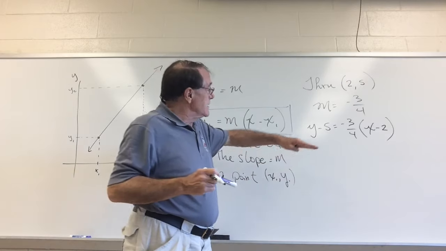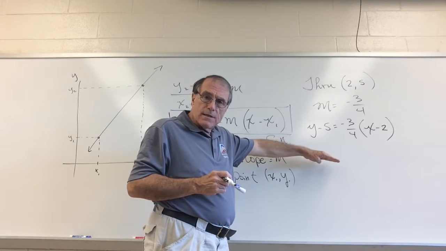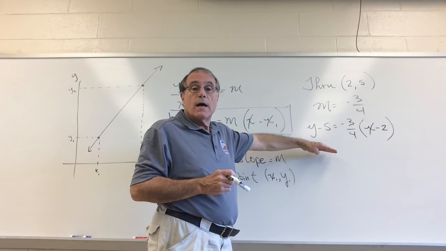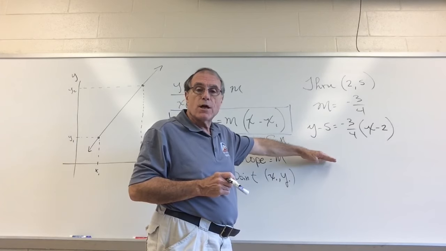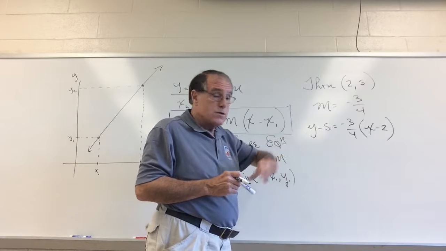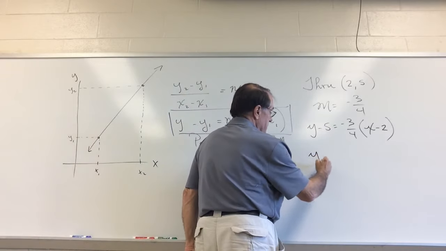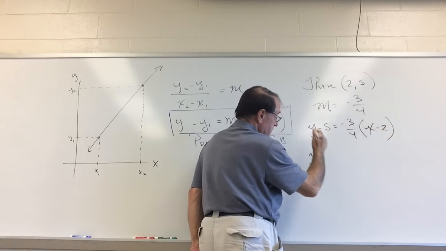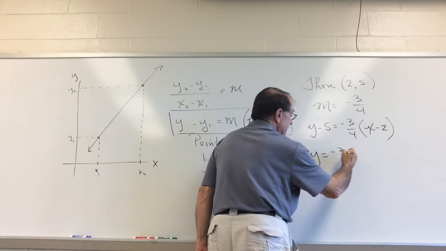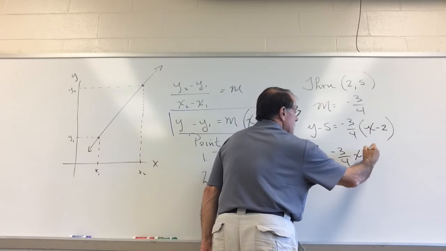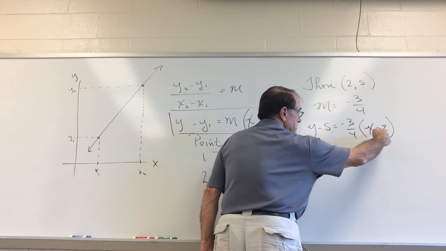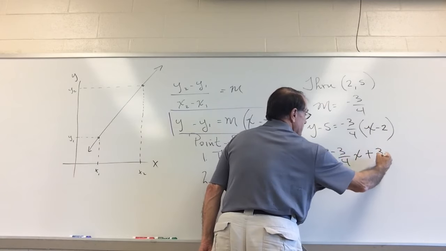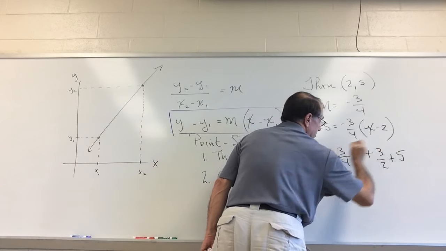But now I can take this equation and I can solve for y. When I solve this equation for y, I will put this equation into the slope-intercept form. So, to do that, I will add 5 to both sides and distribute negative 3/4. So y will be negative 3/4 x, positive, negative times negative is a positive, 2 into 4 is 2, negative 3, a positive 3/2 plus 5.